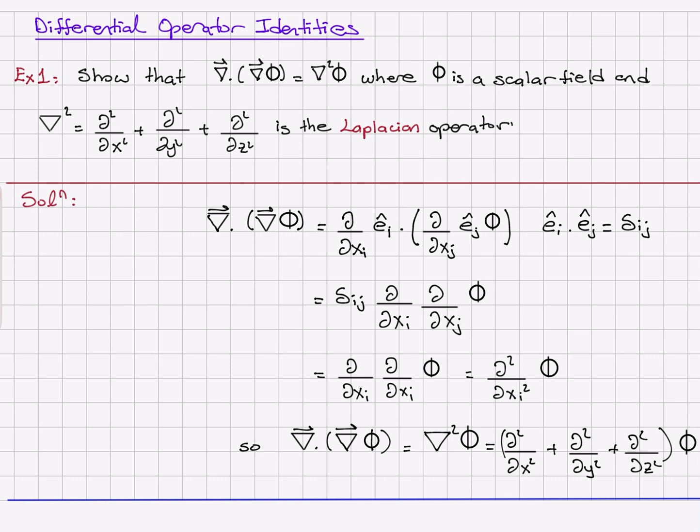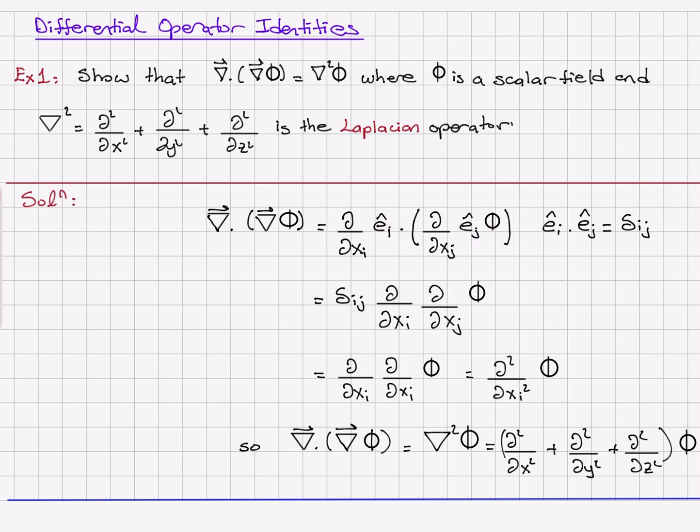Okay, so the first differential operator identity is regarding the divergence of the gradient. The divergence of the gradient is the Laplacian, which is del squared. It's the second derivative with respect to x plus the second derivative with respect to y plus the second derivative with respect to z. Obviously, this is in the Cartesian coordinate system. Okay, so starting with the subscript summation notation for the del operator, del xi ei hat, dot product with del xj ej hat, the gradient acting on phi.